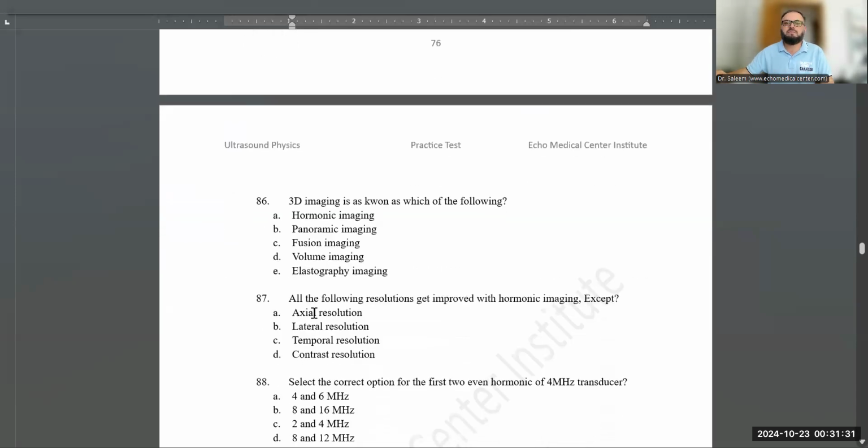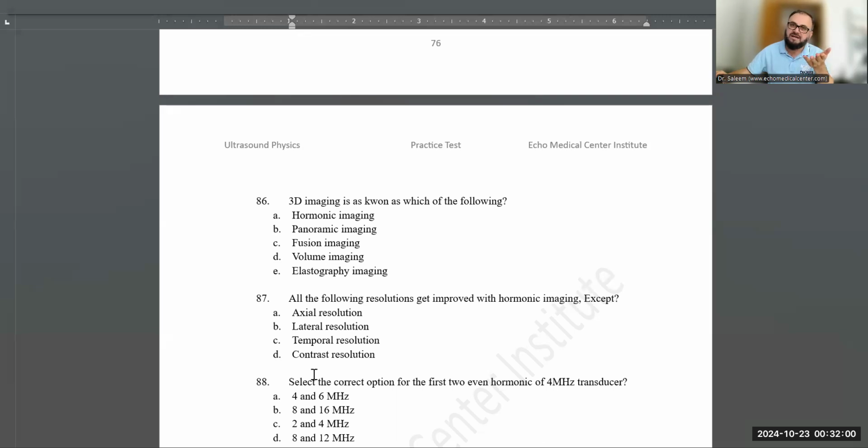Next. The following resolution gets improved with harmonic imaging, except. So it looks like there are 4 answers. It means 3 of these resolutions will get improved when we do harmonic imaging, but there's one resolution which is not affected by harmonics. It will not bring any changes to that. Which one is that?